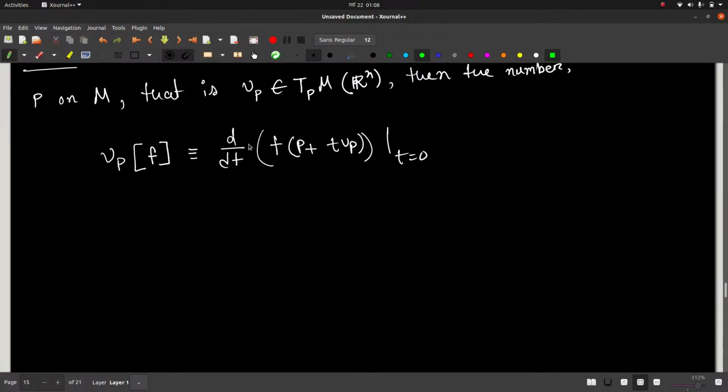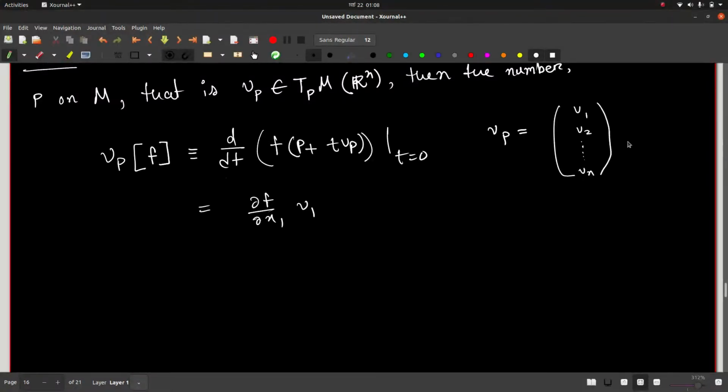So similarly, just like before, we can write it as df dx1 v1, where I'm assuming I'm working on an n-dimensional manifold, right? And it will have components v1, v2, dot dot dot, vn.